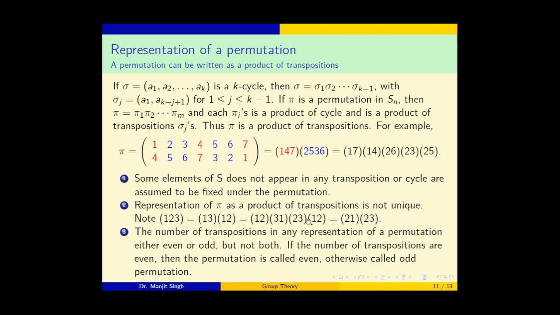So there are many ways to express it, but you see here is 2, here is 4, here is 2. The parity of the number of transpositions, either even or odd, will not change. Even if it is written in 2 transpositions, then it can be written in 4, 6, 8, but cannot be written in 5 transpositions.